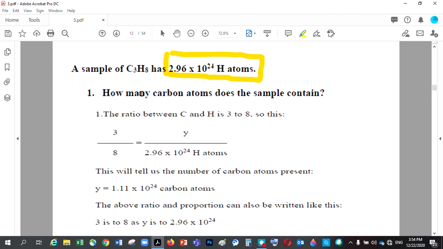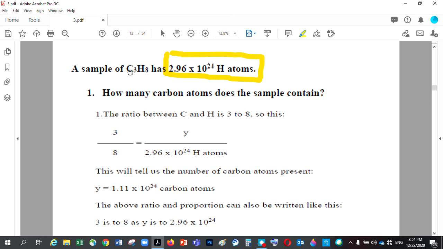It does not give us any grams. The moles are not present. Present to me is C3H8. This is the molecular formula of the compound. And within this compound you have 2.96 times 10 to the power 24 hydrogen atoms.